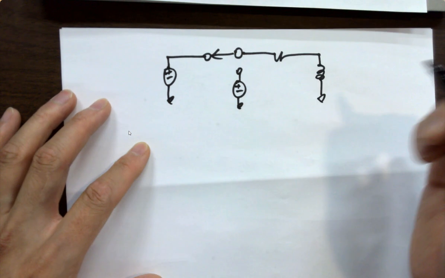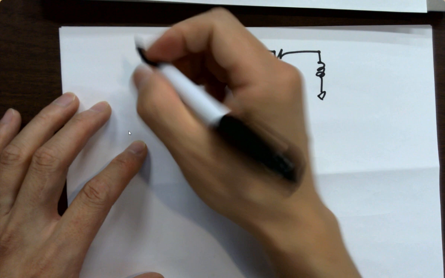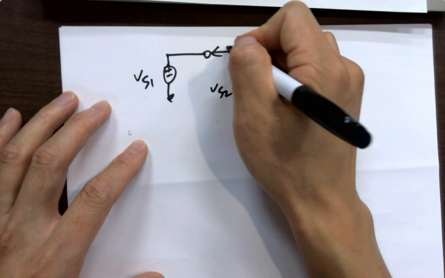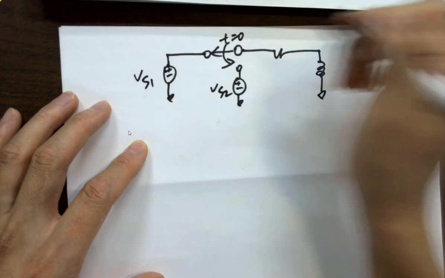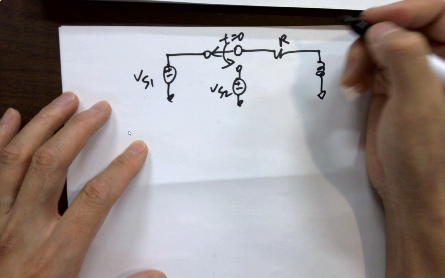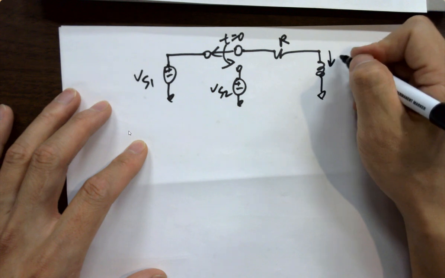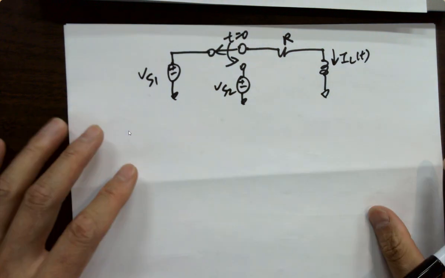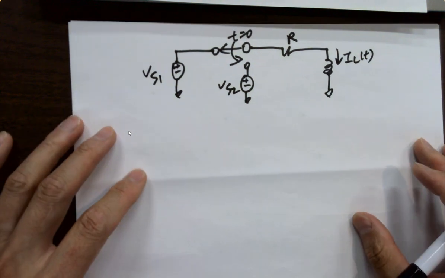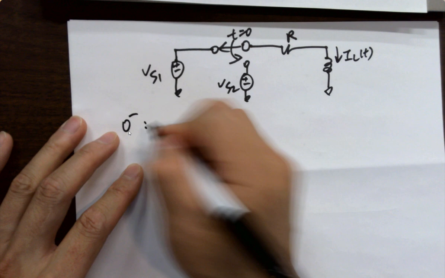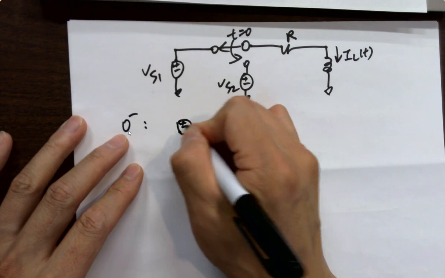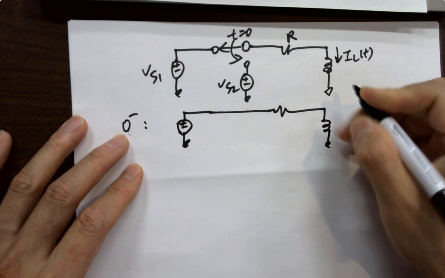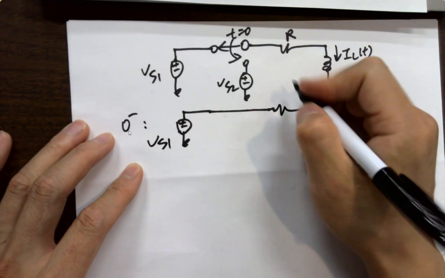Step response. The only difference is we are adding a source here, right? So Vs1, Vs2. You switch it here at t equals 0. There's initial current, but eventually it becomes i_L(t). So at t equals 0 minus, what is Vs1?